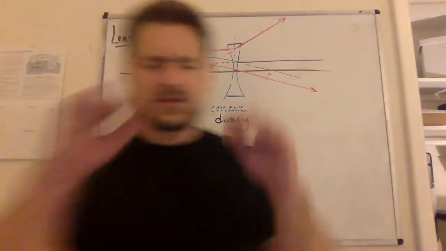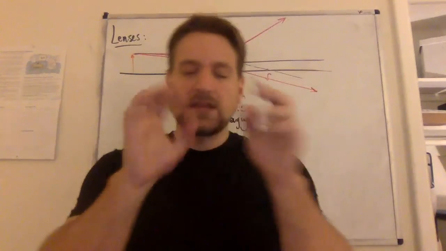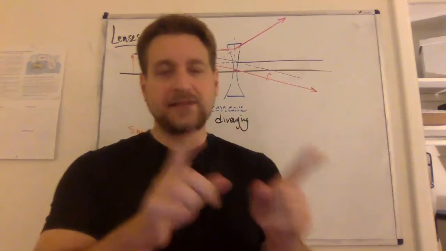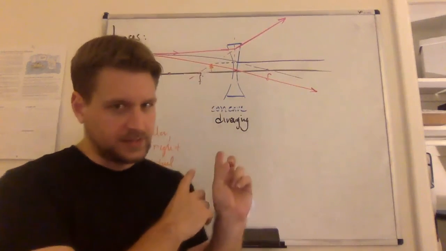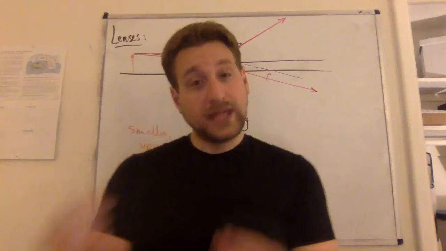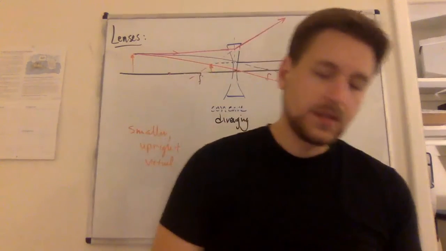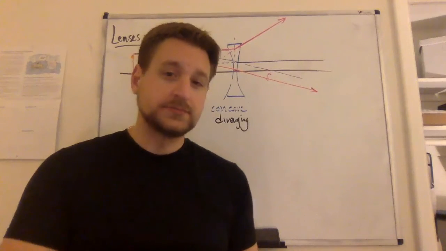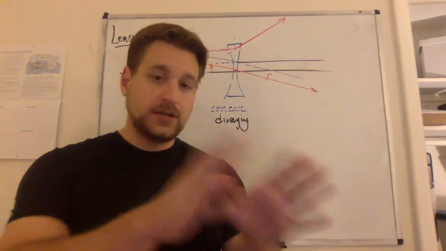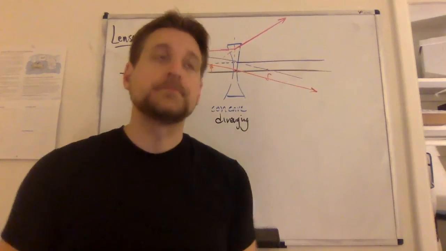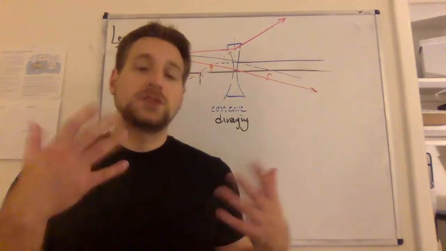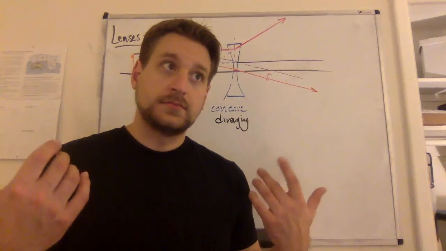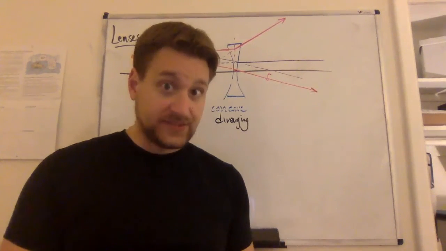Okay, so wait. If a diverging mirror, convex, and a diverging lens, concave, have the same behavior, then do I expect a converging mirror, concave, where incoming rays are focused to a point, to have the same behavior as a converging lens, which had better be convex?